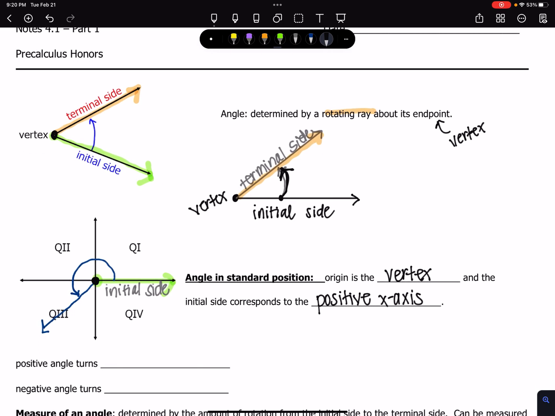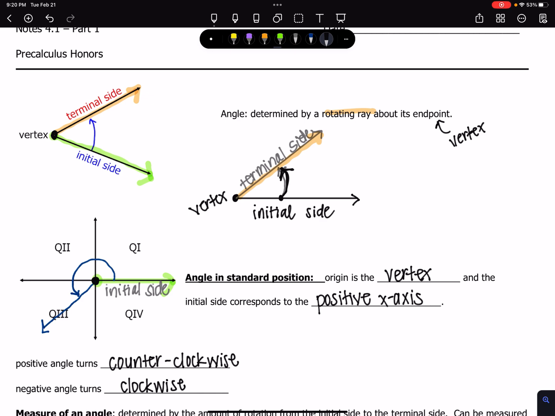A positive angle turns counterclockwise. So we would call that a positive rotation or positive angle. And a negative angle would turn clockwise.